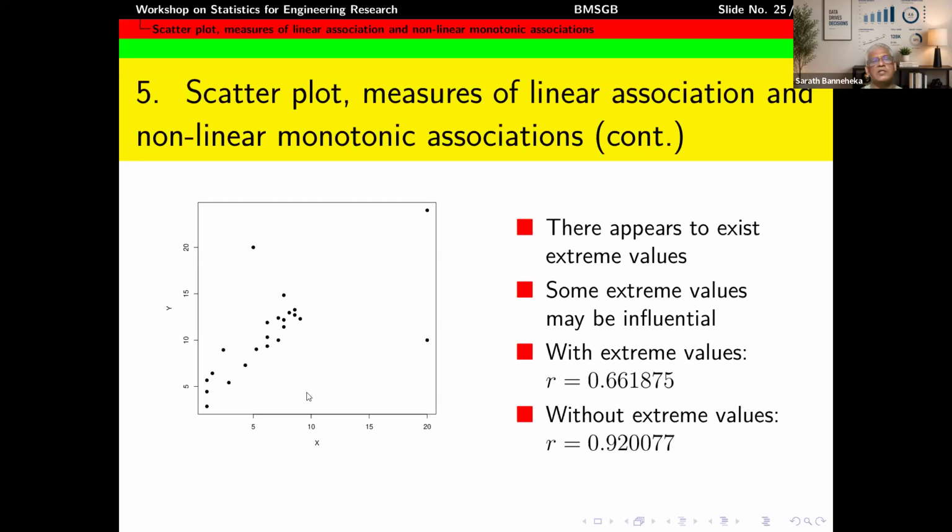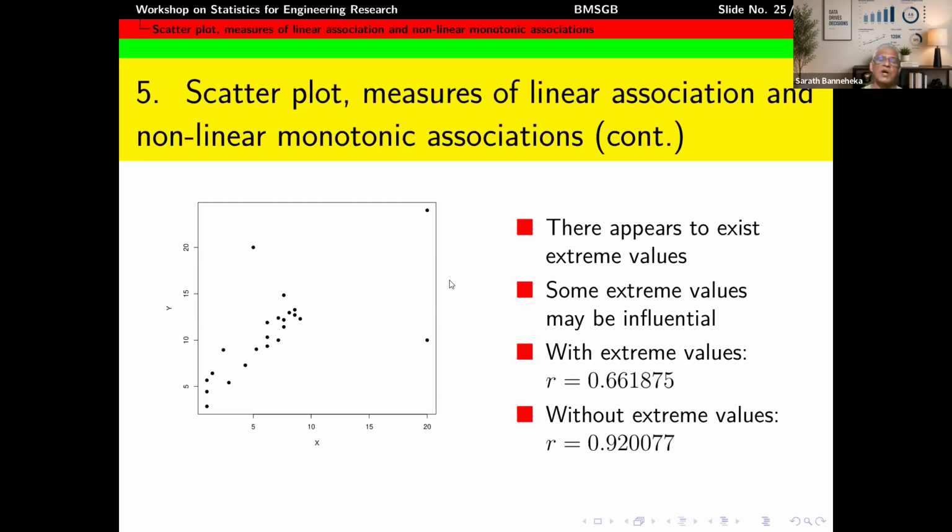Now, in this case, I didn't look at the correlation coefficient considering each observation separately. What I did was, for example, assumed that these three are wrong observations, and therefore I removed them and then calculated the correlation coefficient. In that case, I got 0.92. But on the other hand, if I calculate the correlation coefficient with these observations, I get only 0.66.